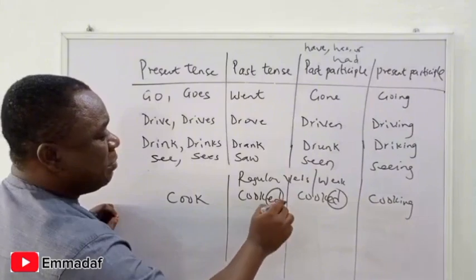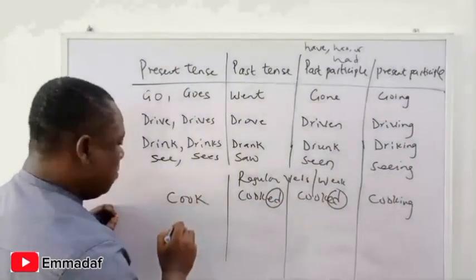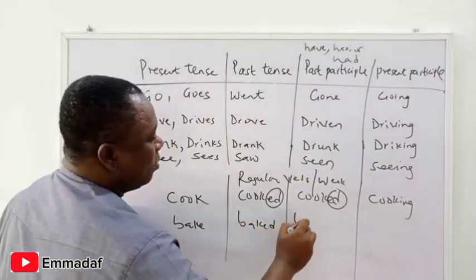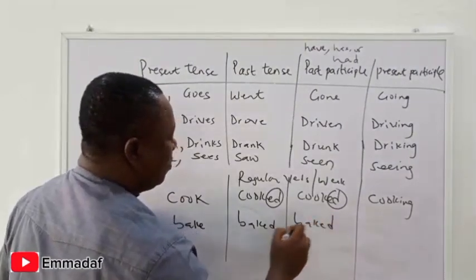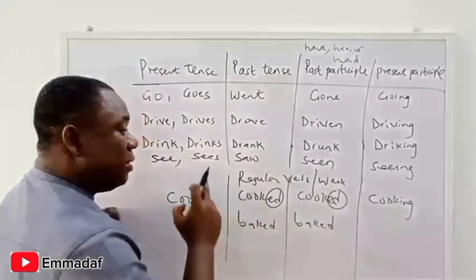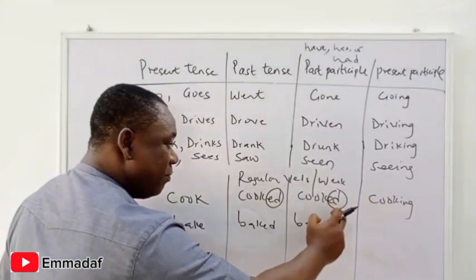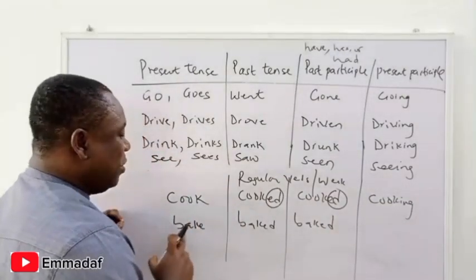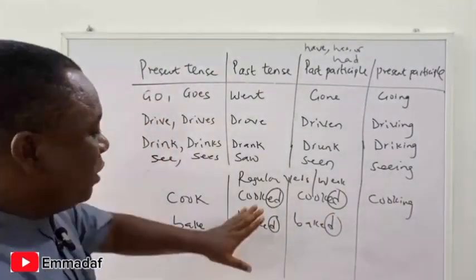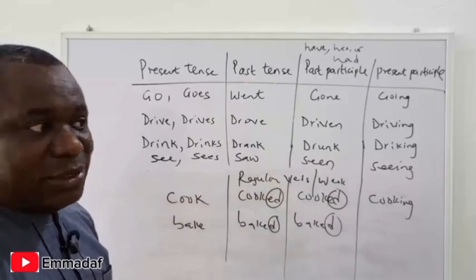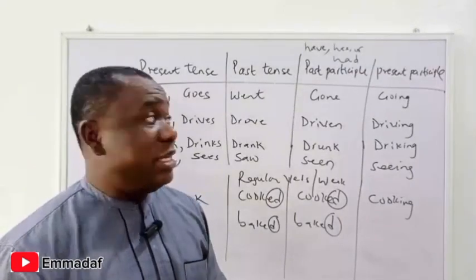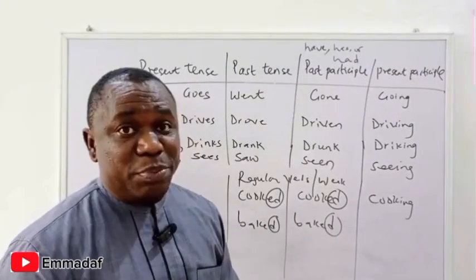They form their past tense and their past participle by adding either ed or just d to the present tense form. These verbs are called regular verbs. They don't give problems to students. And that was why when I was selecting the verbs to use, I didn't pick them.